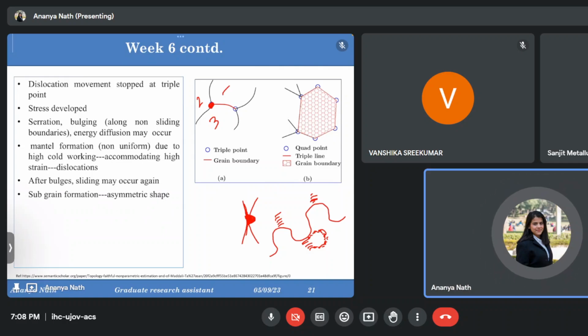After bulges, sliding may occur again, because at the time of bulging we don't want any sliding. If this is the grain boundary, the bulging has started occurring. Suppose this is its critical size and this is its final size.